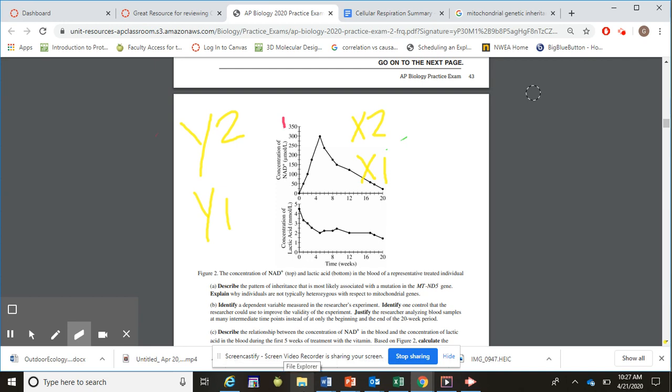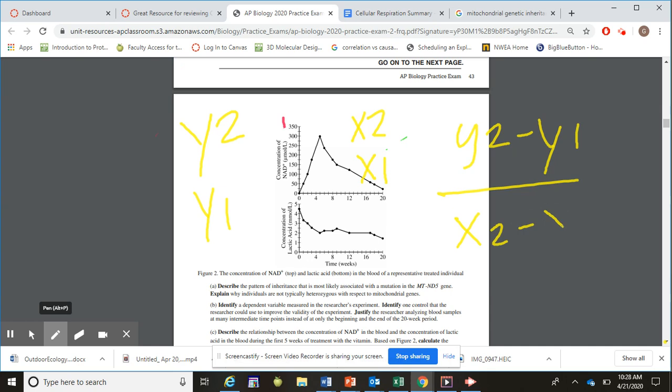So if we look at the slope formula, it is y2 minus y1 over x2 minus x1. Our y2 is going to be the value of whatever the 17 minutes is. So that looks like it, again, is about 75.